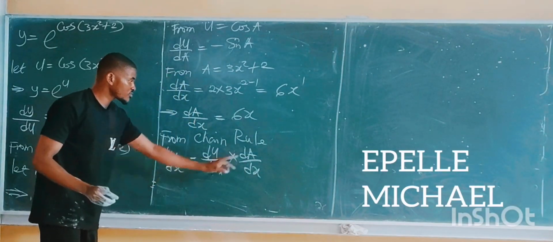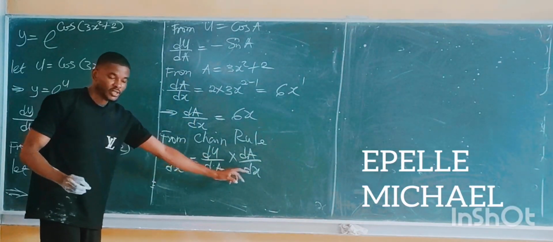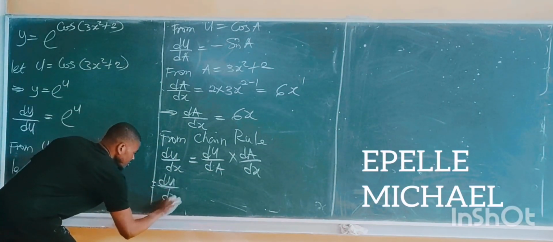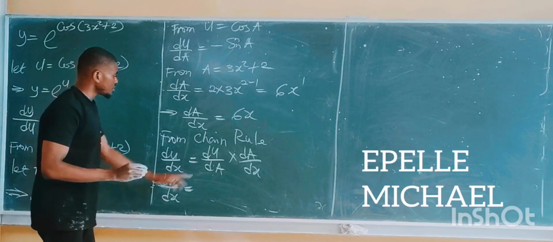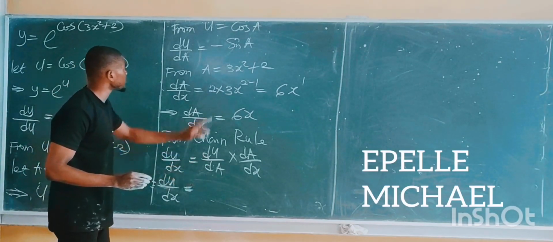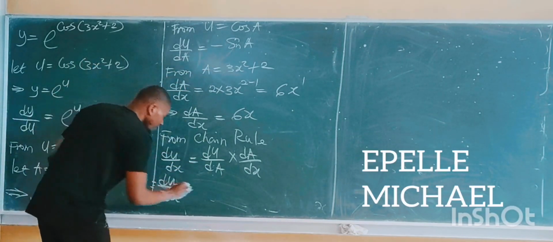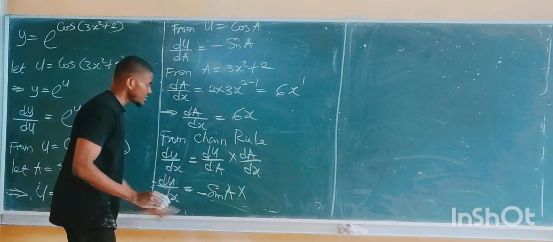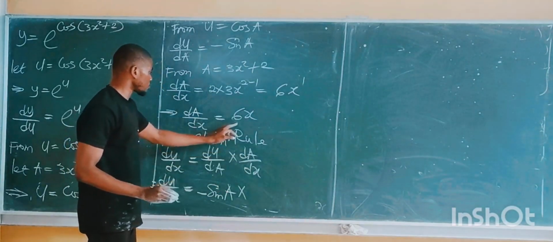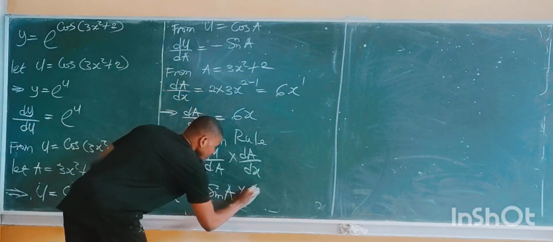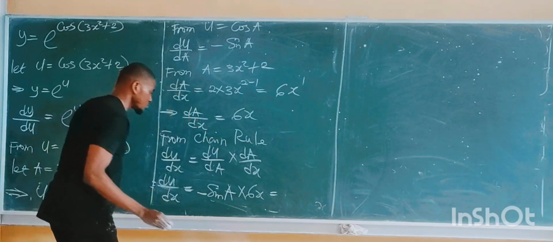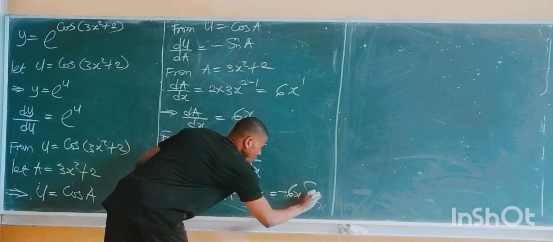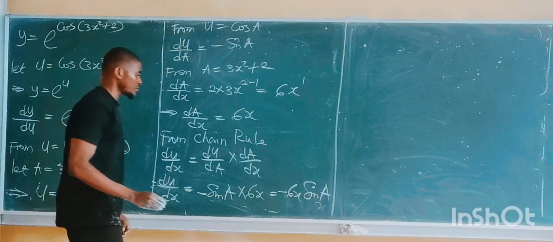Of course, the da cancels, leaving du/dx. So du/dx is equal to du/da, which gave us minus sine a, times da/dx, which gave us 6x. So this is equal to minus 6x sine a.